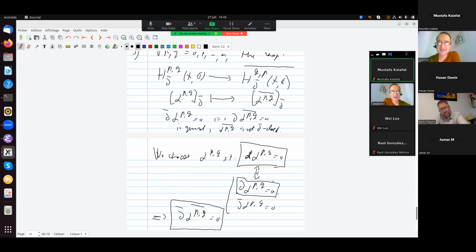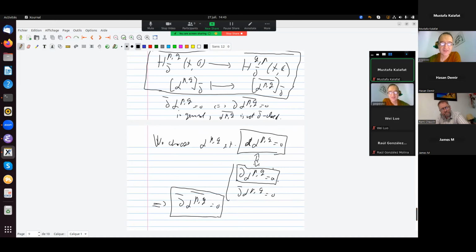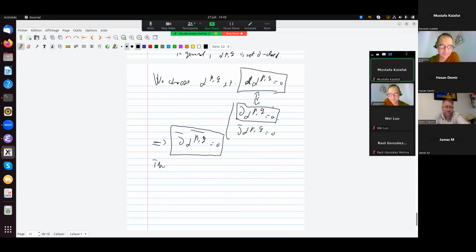And the statement is that this map, let's isolate it here, defined using d-closed representatives, let's call it star. The statement is that the map star, defined using d-closed representatives alpha PQ, alpha PQs in the kernel of d, is well defined.